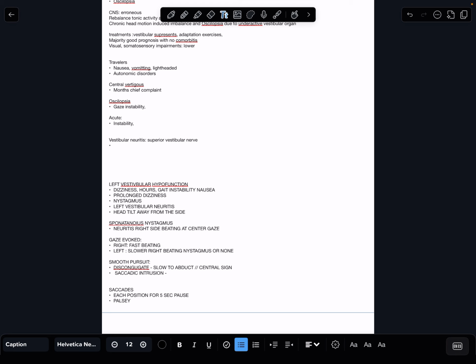Saccadic intrusions. And that's confusing because there's also a specific test for saccades. But that's the classic vestibular language. So it's a lot easier if you keep it straight in your head what the language is. The eyes will slip off, slip off, slip off of your finger as you go in the H pattern.